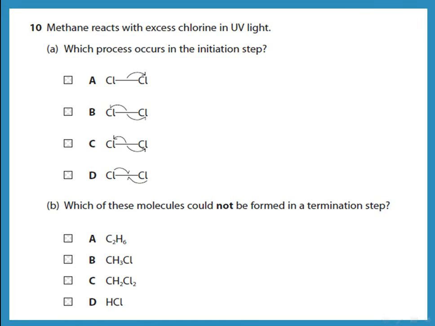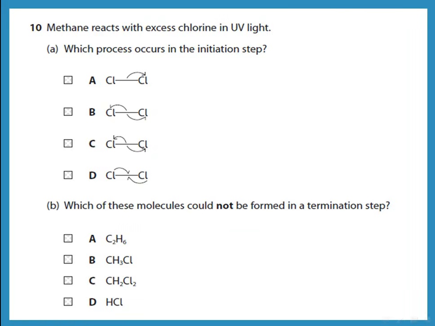Okay. Now, methane reacts with excess chlorine in UV light. So this is a question about substitution reactions in alkanes, and you should realize that substitution reactions in alkanes are free radical substitution reactions. Free radical substitution means that in the presence of UV light, the first step, which we call the initiation step, is a breakdown of the bond between Cl and Cl in what we call homolytic fission.